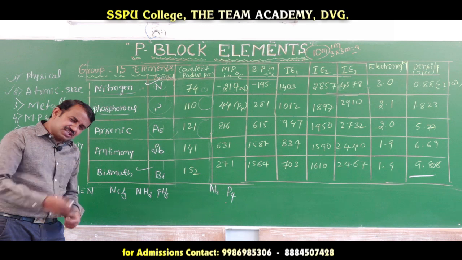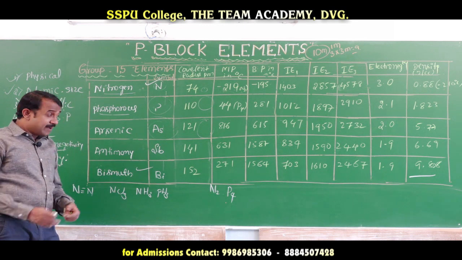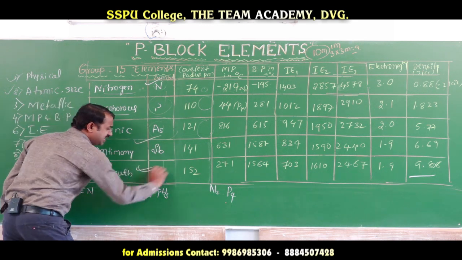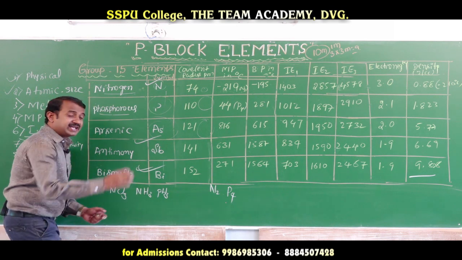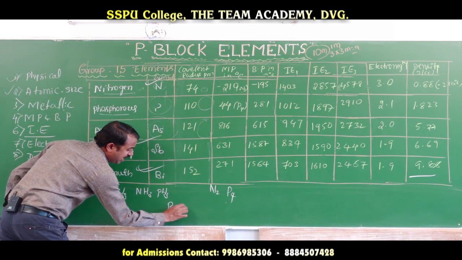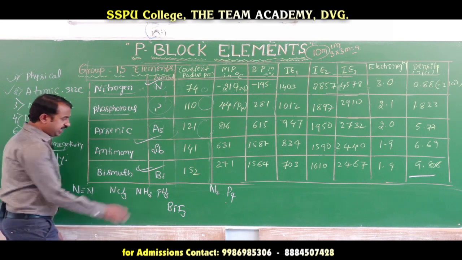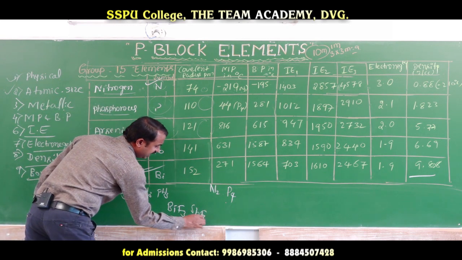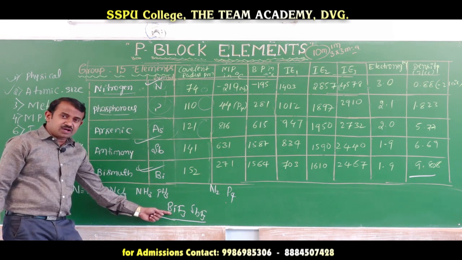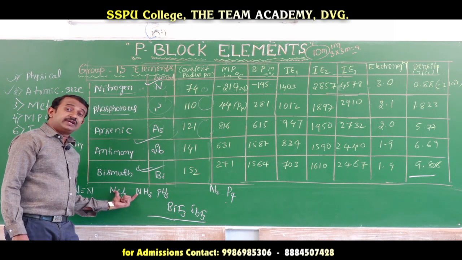Going downwards, covalent character decreases. Bismuth and antimony form ionic compounds, having BiF3 and SbF3. These are ionic molecules, and those are covalent molecules.